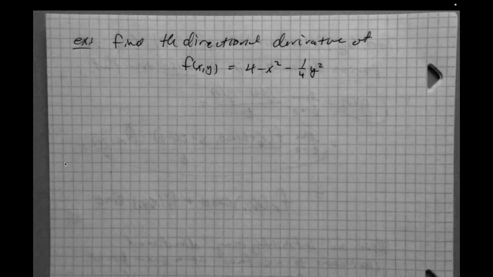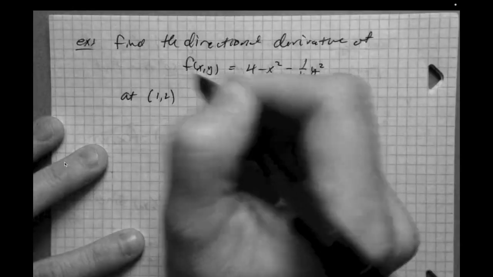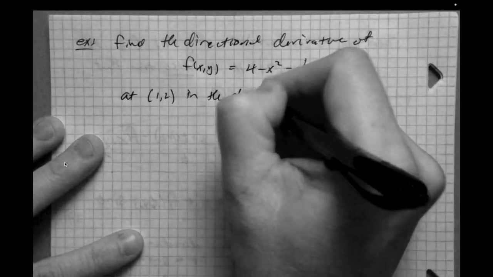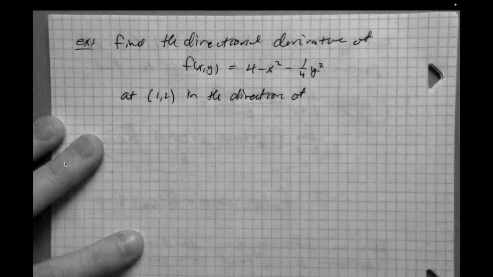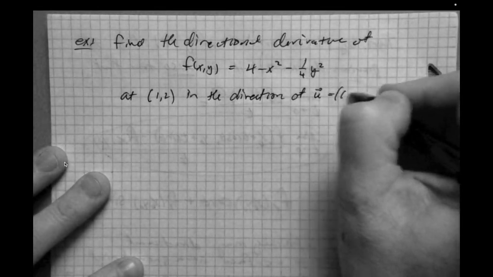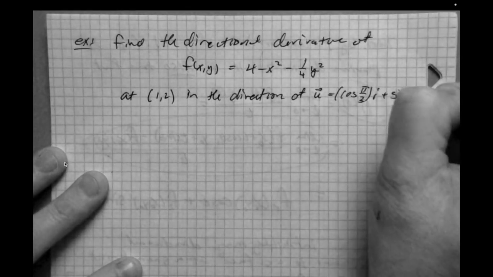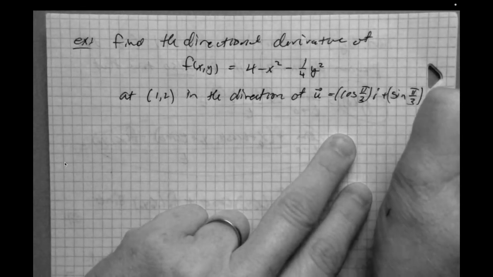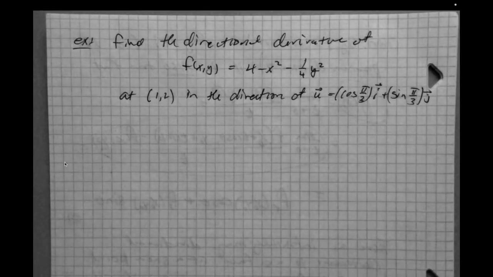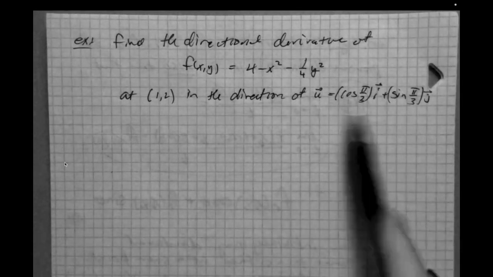We're going to find the directional derivative of this function at (1, 2), so the point (1, 2) in the xy plane, and in the direction of, right, you always have to have a direction vector. In this case, the direction vector will be u equals cos(pi/3) i plus sin(pi/3) j. Okay, so we're going to find the directional derivative of this function at this point in this direction.